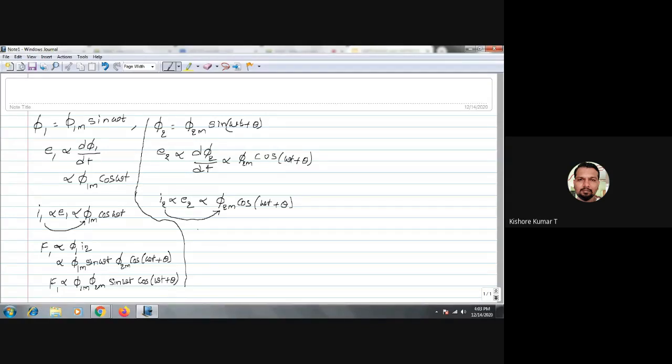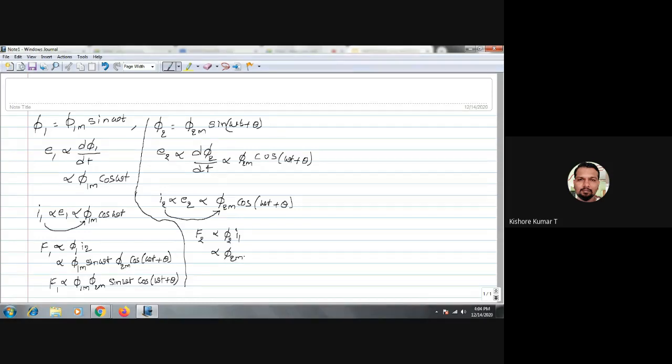Similarly, force F2. Force F2 is proportional to phi 2 I1. So F2 is developed due to the interaction of flux phi 2 with I1, as we had seen in the diagram. So here, what is phi 2?